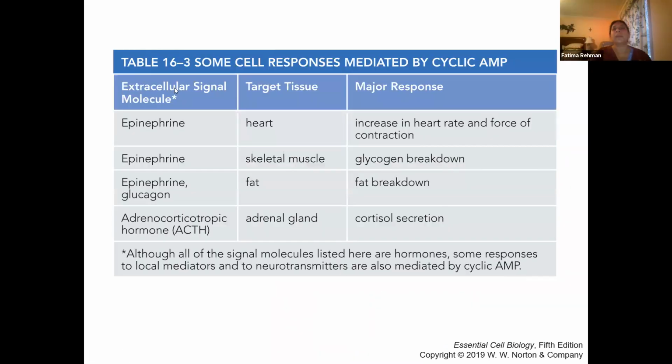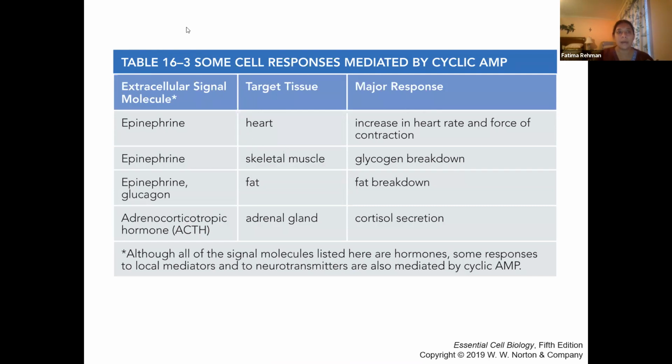Okay, so now a lot of our responses in our body, some of our actual responses to environmental stimuli, are regulated by, or mediated rather by, cyclic AMP. So it's giving you a few of those examples that you should know about.